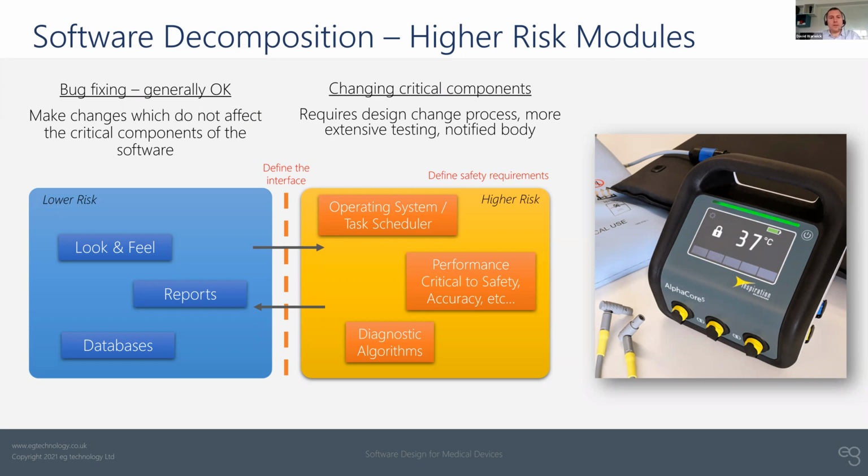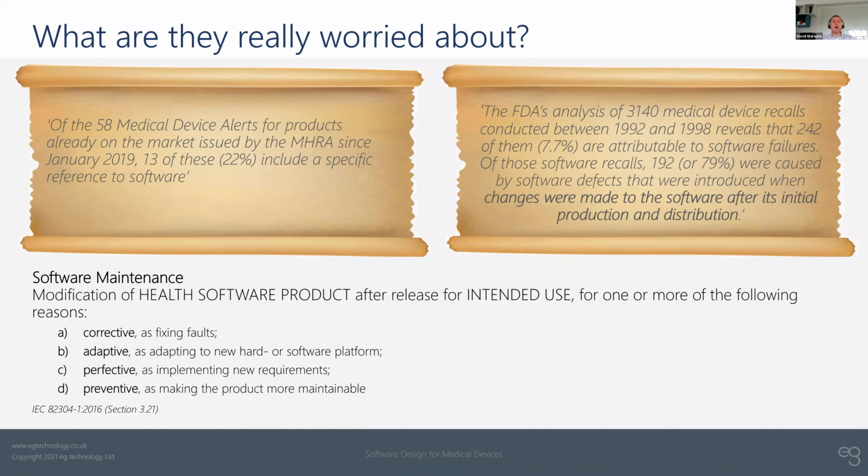So that would be things like if you change the underlying operating system or the task scheduling, if there's any aspects that are critical to performance, critical diagnostic algorithms, changes to those are likely to require much greater scrutiny, both by you and the competent authorities are probably going to want those looked at as well. And that's because it's post-market aspects of software that they're really worried about.